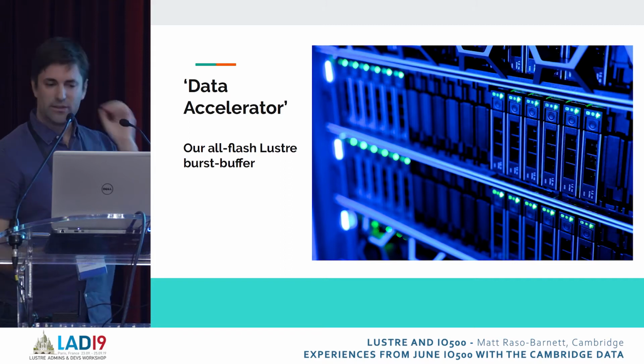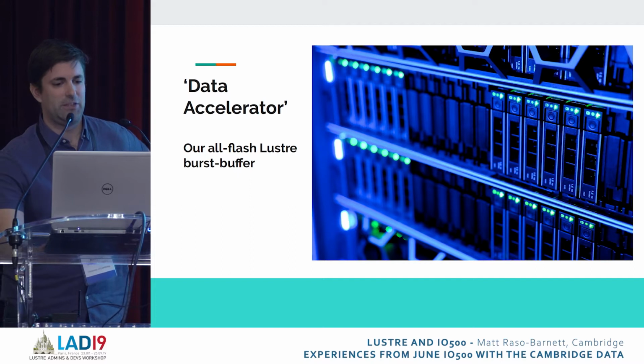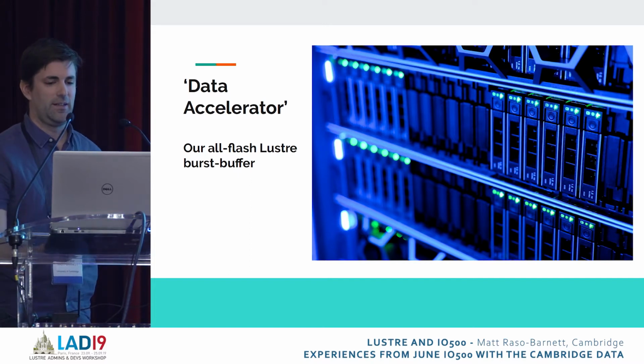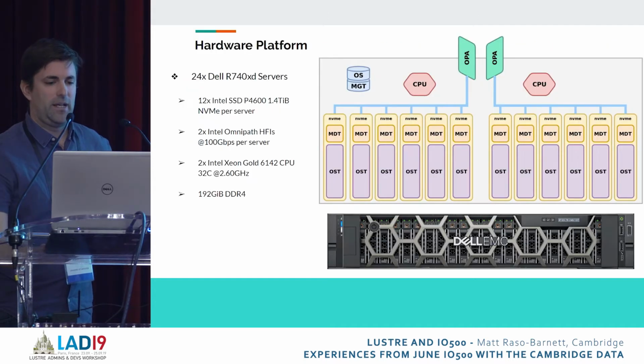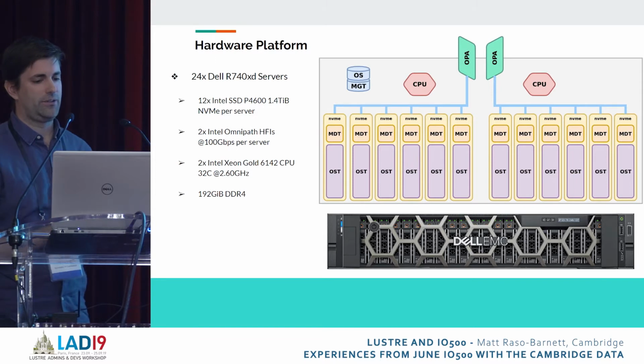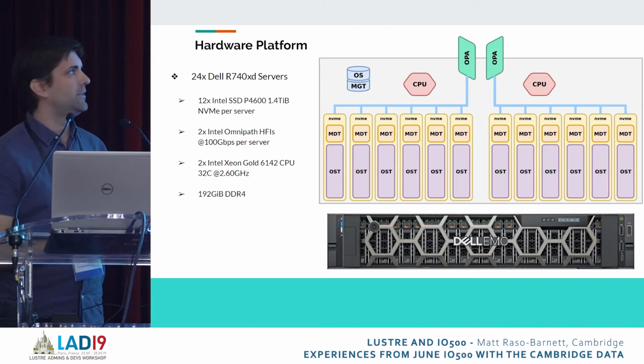So I'm going to talk a bit about the hardware platform that we used. We have the slightly cheesy name Data Accelerator for the overall thing, but what we have is a modest-sized all-flash NVMe file system, or hardware, that we are trying to use in the best way that we can for our users.